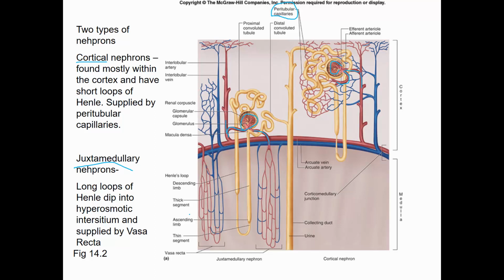This is called the vasa recta. And those are only associated with these long loops of Henle with the juxtamedullary nephrons. And these will be very important for keeping the medulla concentrated and for setting the stage for the action of a hormone called ADH, antidiuretic hormone.